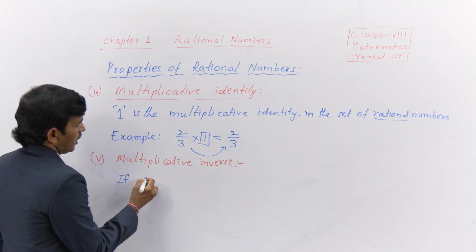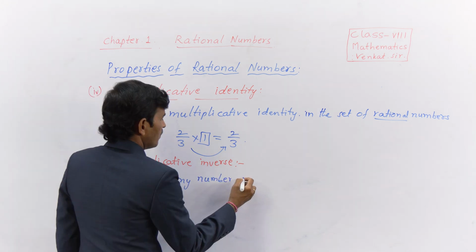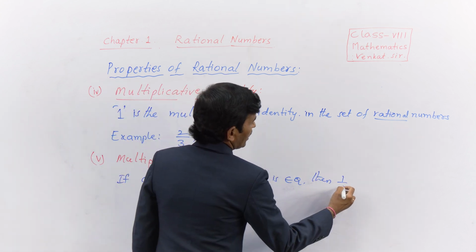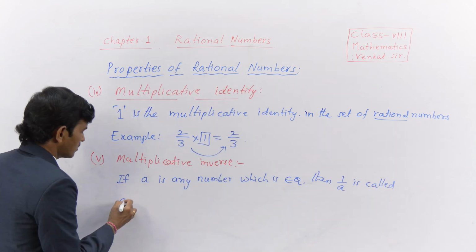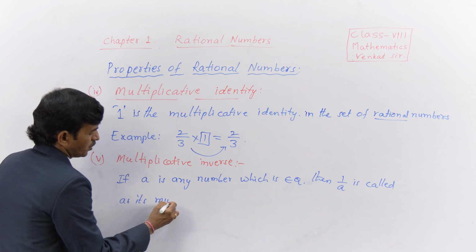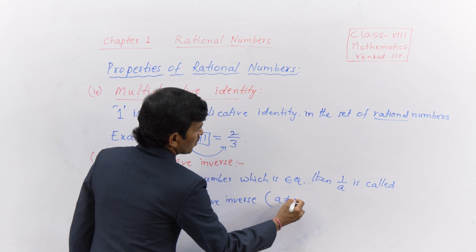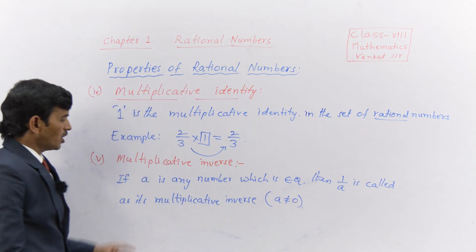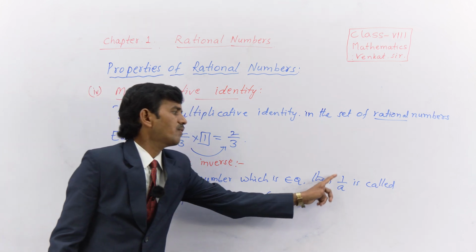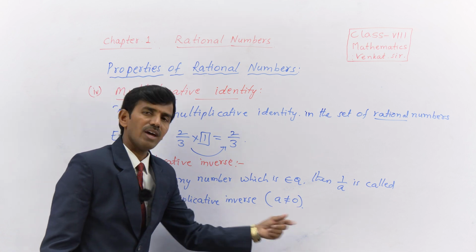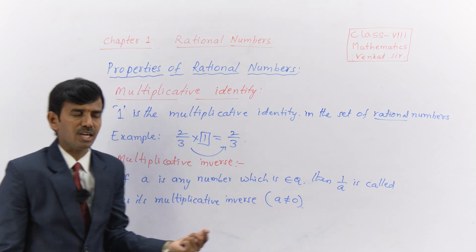Suppose A is any number which belongs to the set of rationals, then 1 by A is called its multiplicative inverse. Here A must not be equal to 0, because if A is 0, then 1 by 0 is undefined. Except for 0, for every rational number there exists a multiplicative inverse.